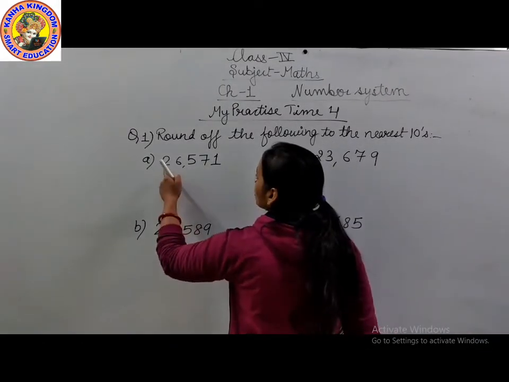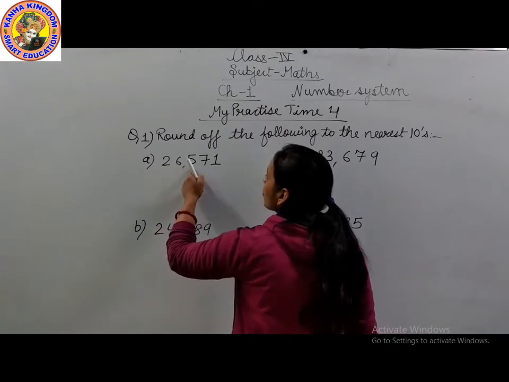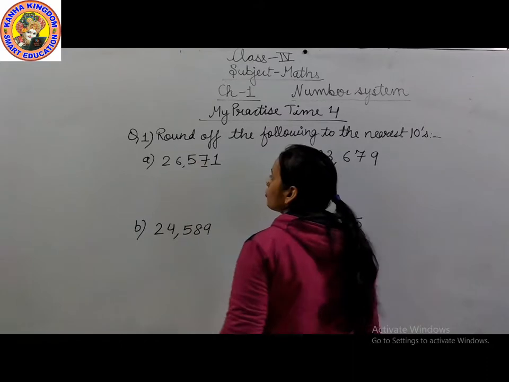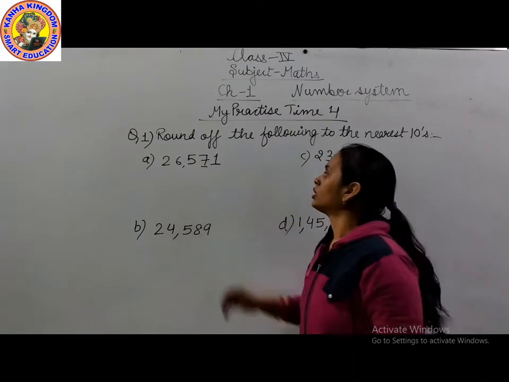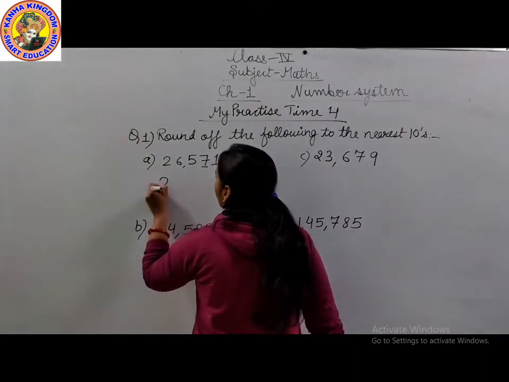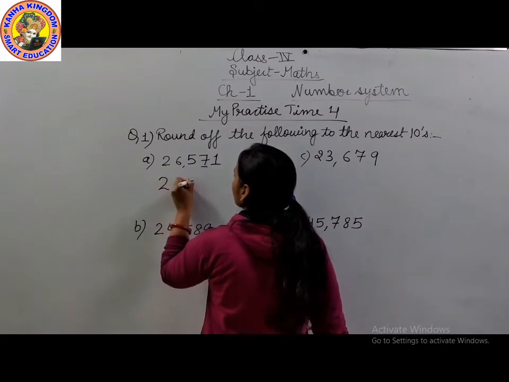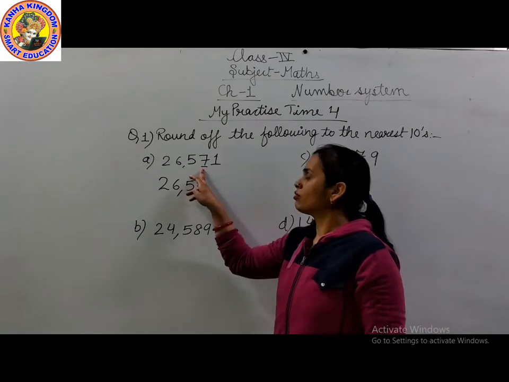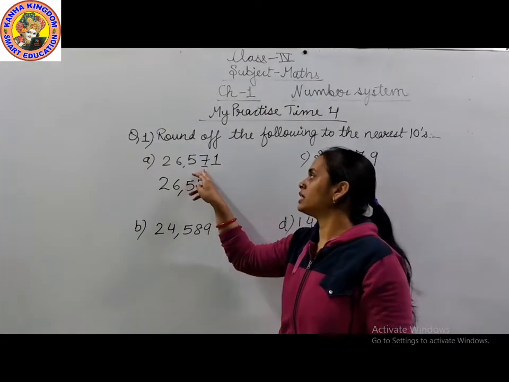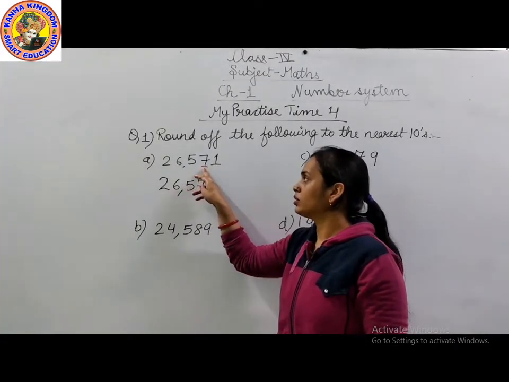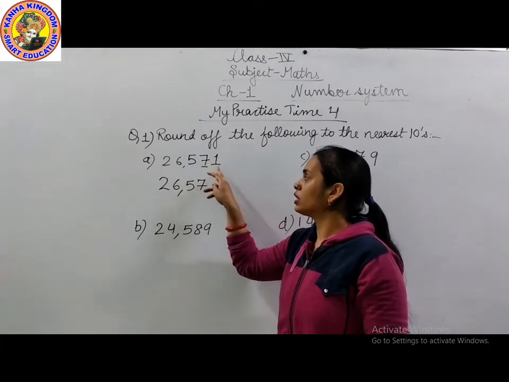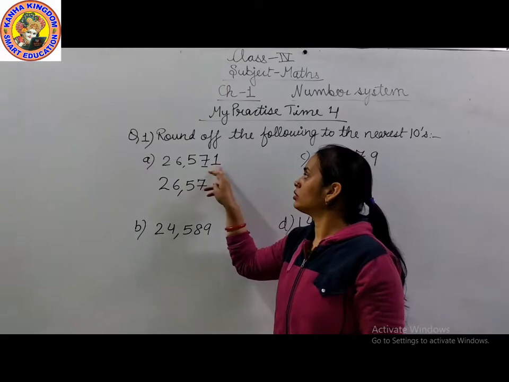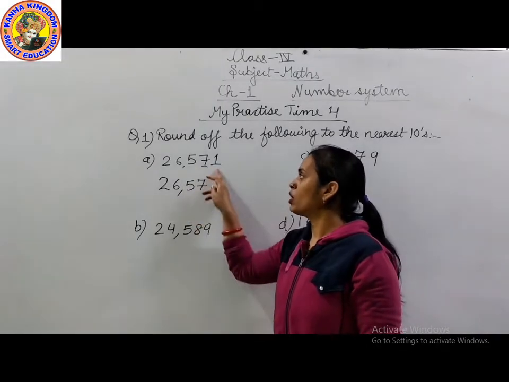So 26,571. First we write 26,570. First we look at the digit at the tens place. Then we look at the next digit, the ones digit.